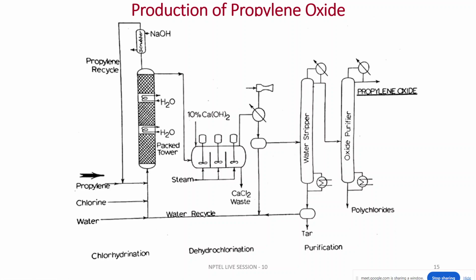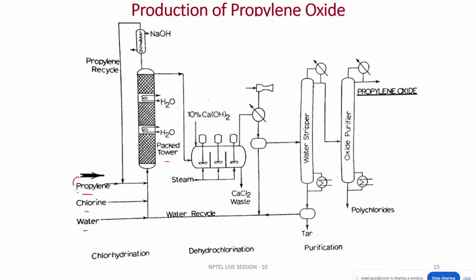So we will then discuss the production of propylene oxide through this flowchart. As reactants, we must have propylene, chlorine and water. These are fed to the packed tower column. Here, to maintain the temperature, the water circulation is made properly.